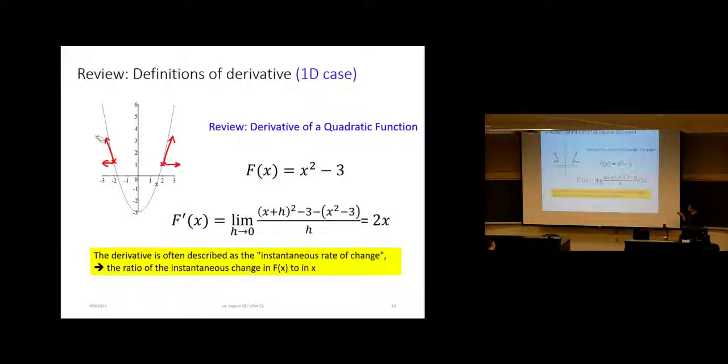Gradient is a vector, and it's a number in this case, right? Because it's 1D. 4 means goes to the right. It's positive, goes to the right, function increases. And on the left, it's negative. Your left is minus, and the right is plus.